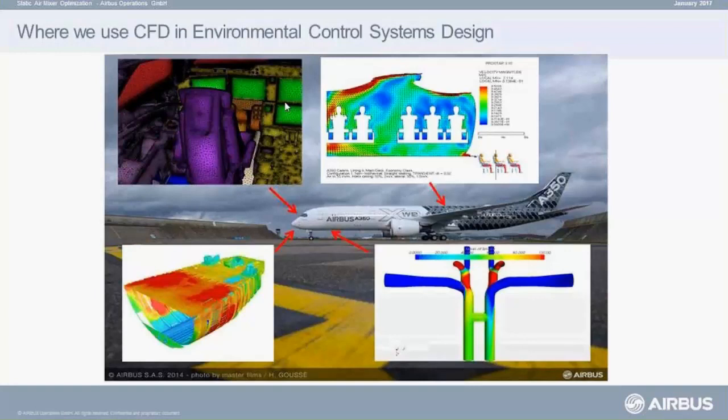But we also do simulation of duct networks, where we try to predict pressure losses, mixing of different airflows, and all other classical stuff. And last but not least, in the upper right corner, you can see a study of the airflow pattern in the cabin, which is also a quite important task and part of our daily work.